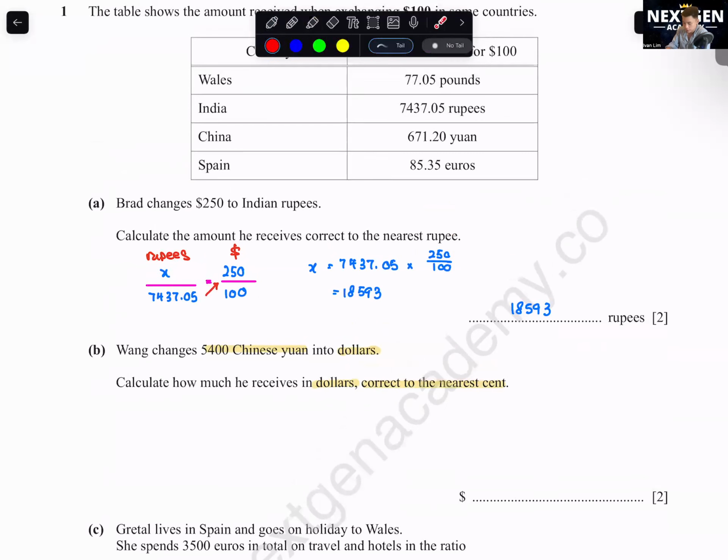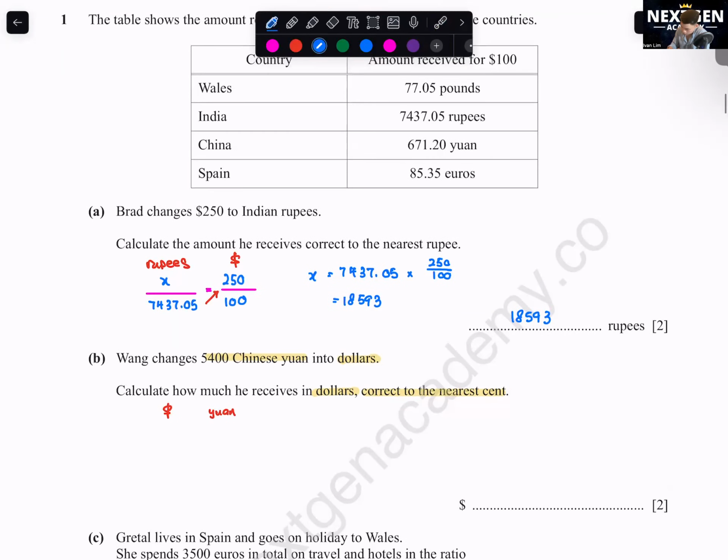Just another tip for some of you who are new here: normally, I put the unknown at the top left of the ratio, so it's easy for me to get the value. Now I want to find dollars, so I put dollars on top, then Chinese yuan. How many dollars is 5,400 Chinese yuan?